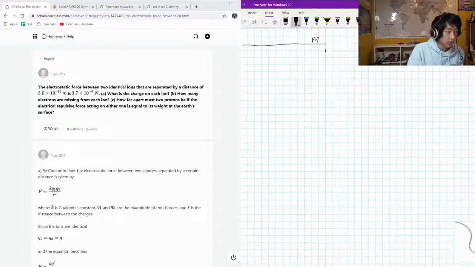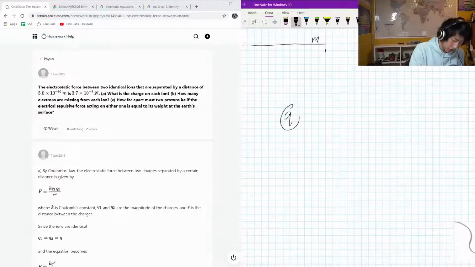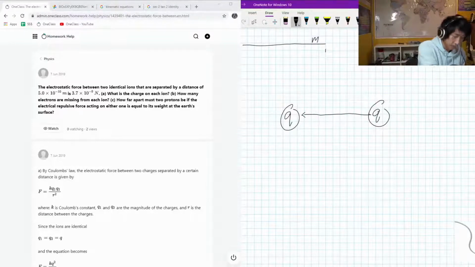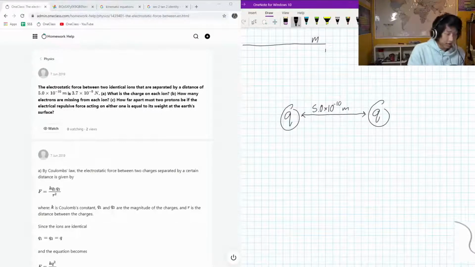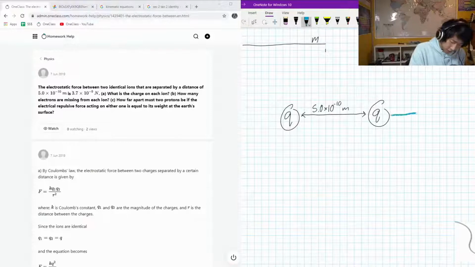Okay, so the first part of the question is presenting this situation. We have two ions, so we got a charge Q here and a charge Q here. We know that their separation distance is 5.0 times 10 to the negative 10 meters, pretty close together. And they have a force, let's make a blue force.